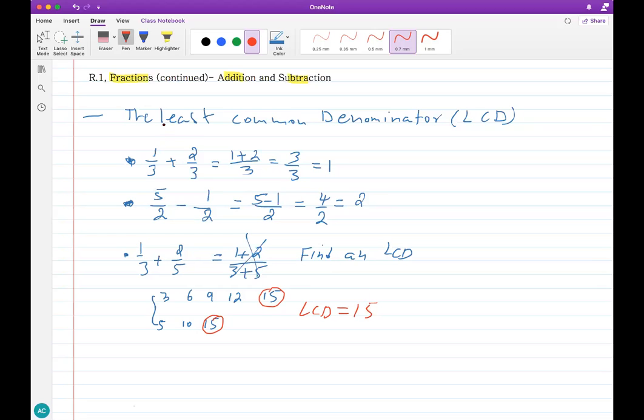The least means the smallest possible. If you keep going this way, 15, 20, 25, and so on, you will get 30, and if you add 3, you get 18, 21, and so on. You add 5, you keep going. You'll find other common denominators, but there's going to be only one least one, and that's the first one that appears.